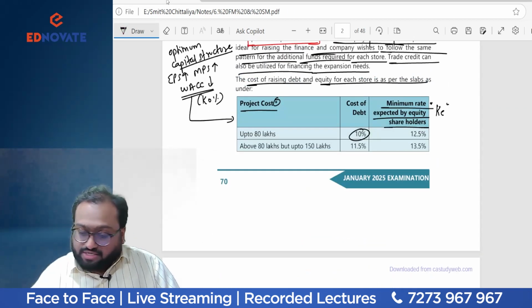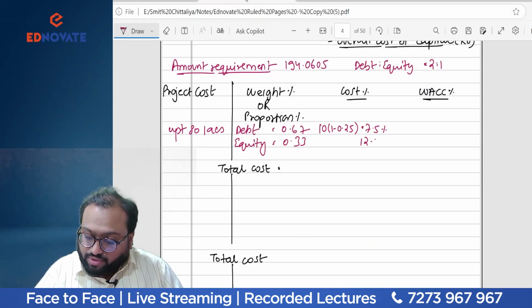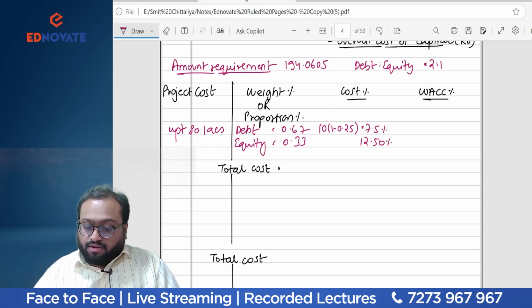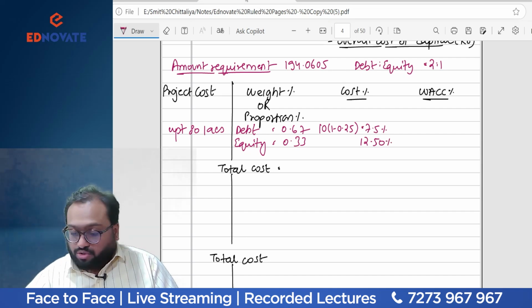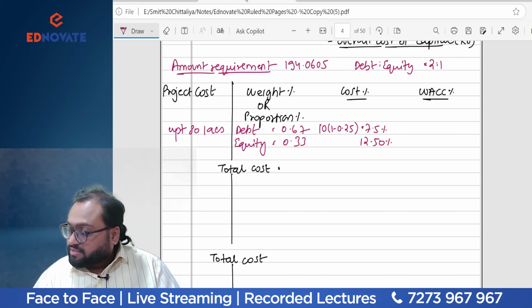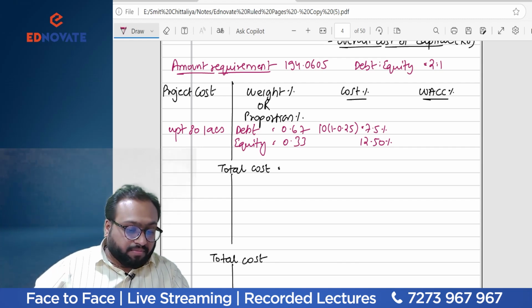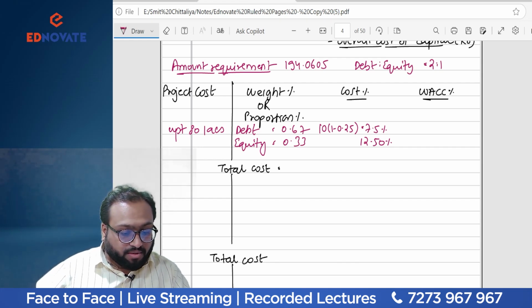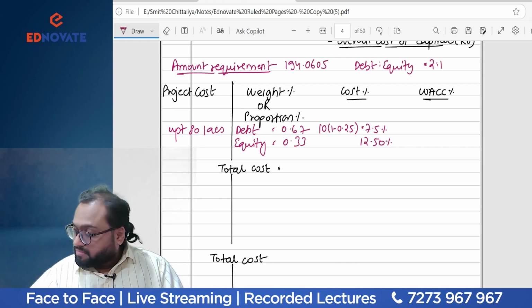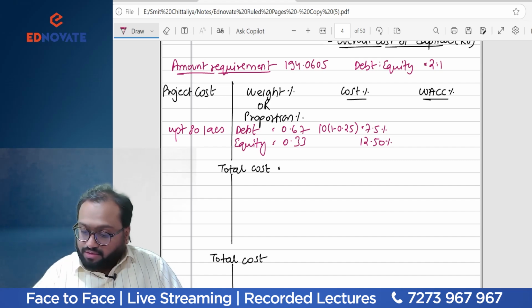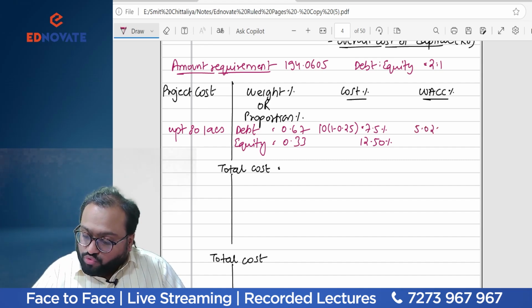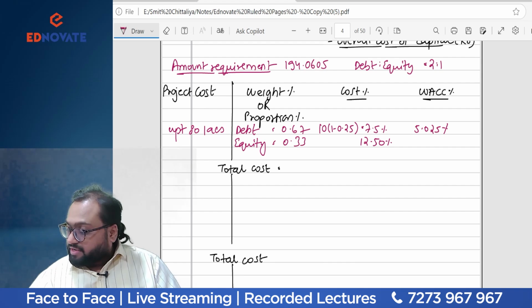My cost of equity is 12.5%. So I can directly write here 12.5%. So it will be 0.67 into 7.5%. It will be 5.025%, and here it will be 0.33 into 12.5%.